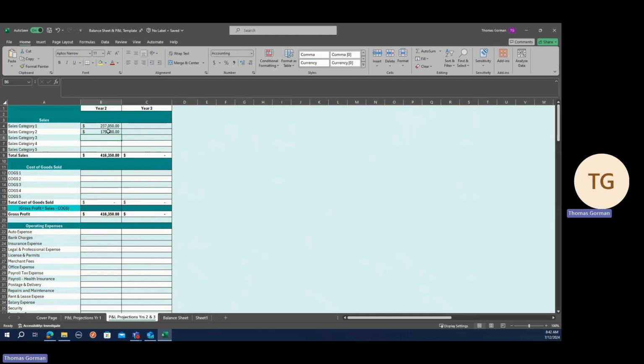So you can already see this is going to be a much easier time with projections for years 2 and 3 than it was for year 1, because in year 1 we had to come up with raw numbers through research and educated guesses. And now we're simply building upon those numbers with our projections for year 2. And it's going to be the same thing for an existing business.